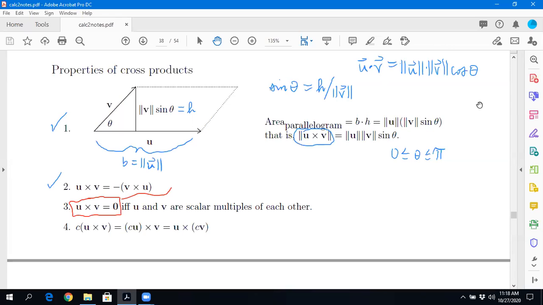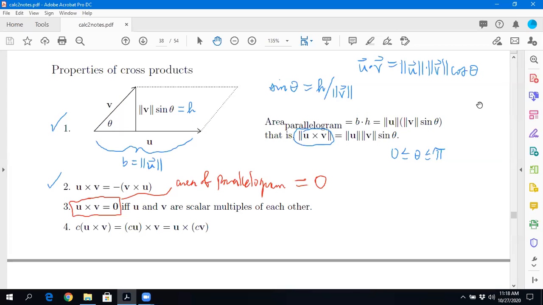This would mean that the area of the parallelogram equals 0. And how in the world would that happen? The vectors are right on top of each other or something.